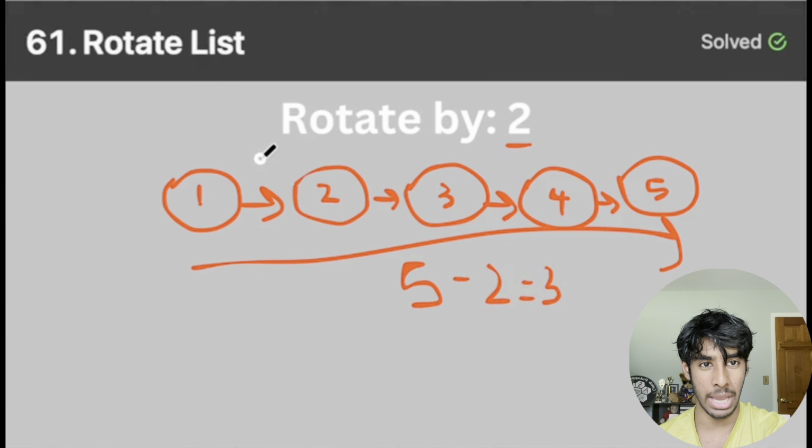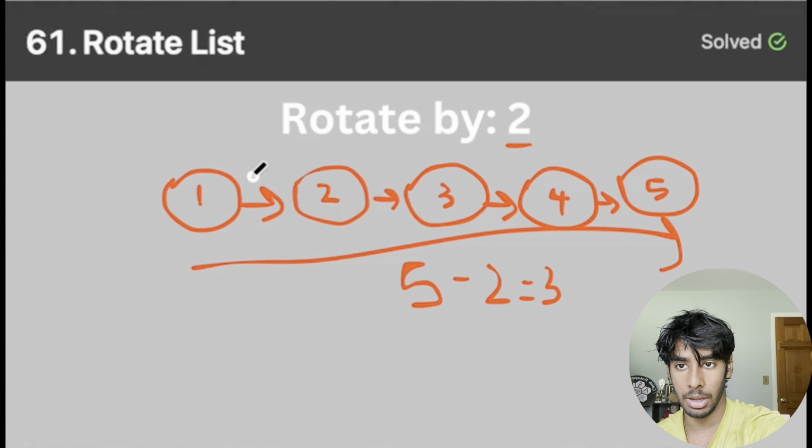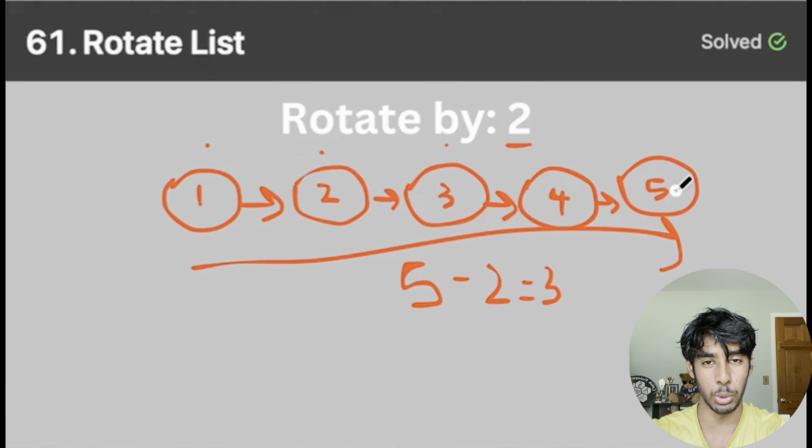The remaining nodes after that need to be removed and then placed at the beginning of the list as opposed to the end of the list. So we go through 3 nodes in the list. That's 1, 2, 3. And then we start removing here. We have to keep these nodes in some sort of set so we don't forget their values.